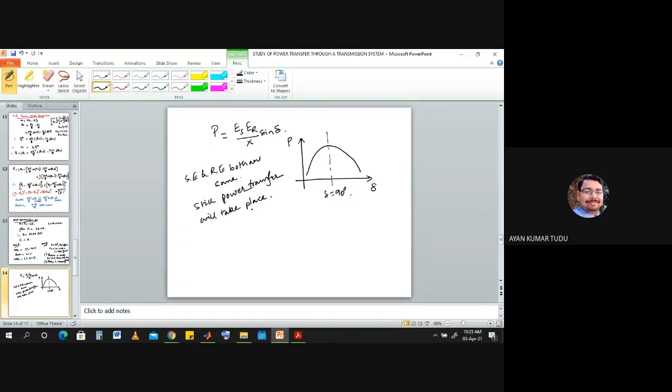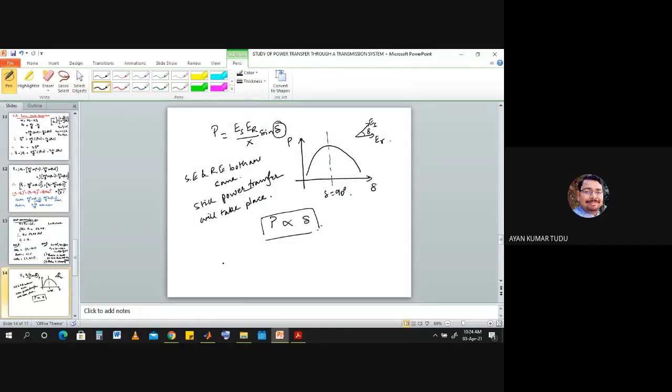Because the power transfer depends upon the value of delta, where delta is the angle between ES and ER. Are we clear? Yes, sir. So P and delta being strongly coupled, which we have studied, is being proved here also.